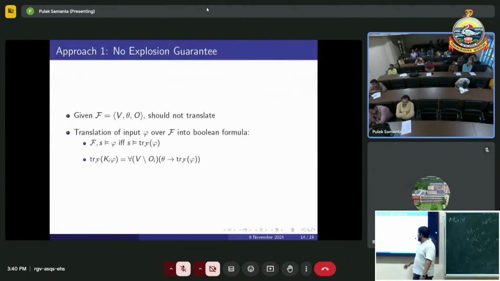Given this Kripke model, how do we evaluate K_i phi here?